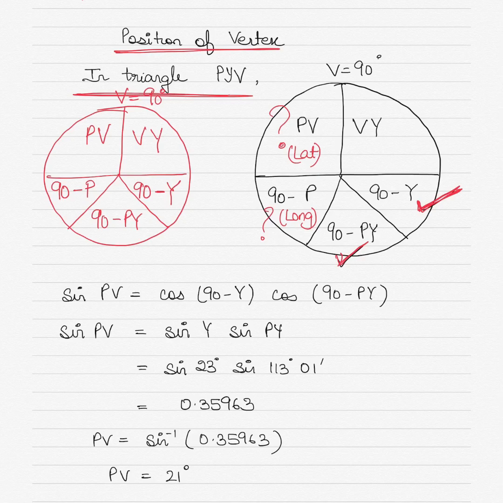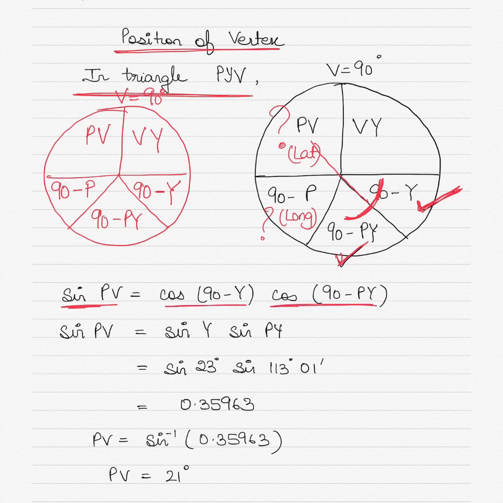Now the Napier's rule is, using the values you know, find out the value you don't know. So if I want to find out PV, I have to use these two values, which kind of form a mushroom shape. So that means sine of PV becomes the middle part, and the opposites are cos of 90 minus Y and cos of 90 minus PY.